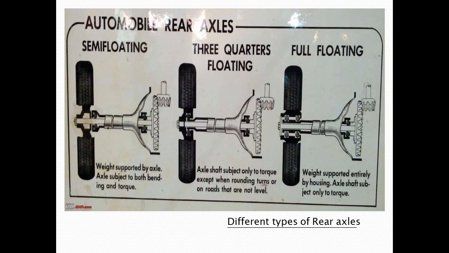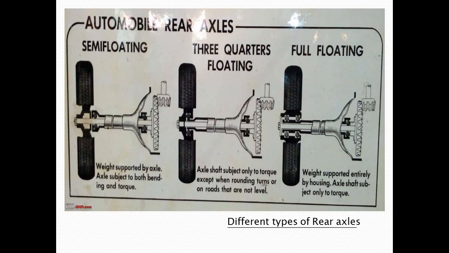First one, weight supported by axle. Second one, axle shaft subject to only torque, except when rounding a turn or on roads that are not level. Third one, the floating type: weight supported entirely by the housing, axle shaft subjected only to torque.